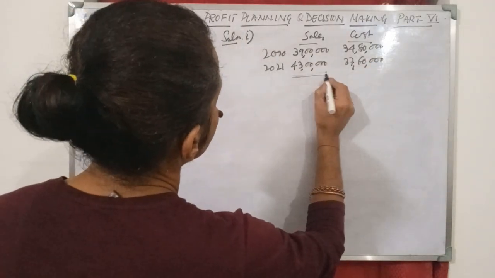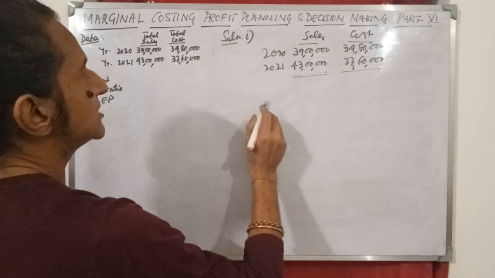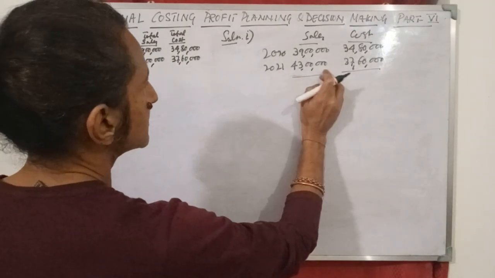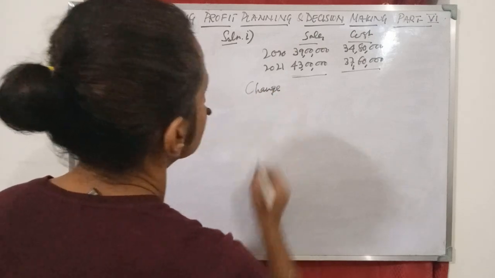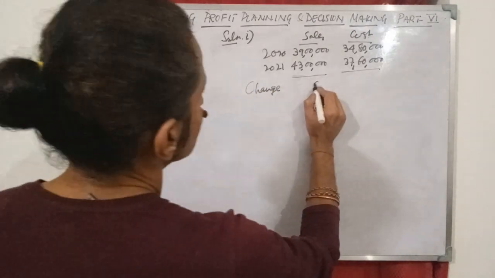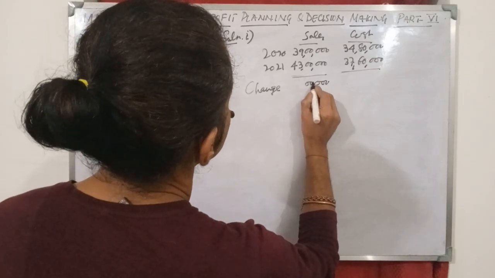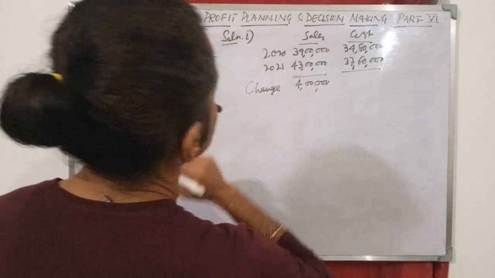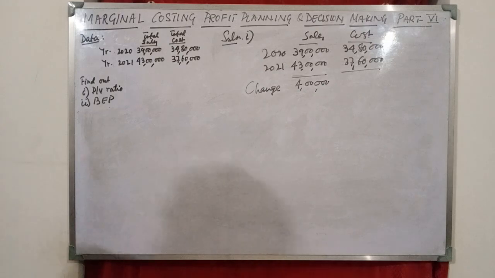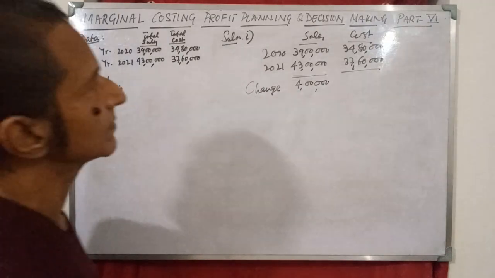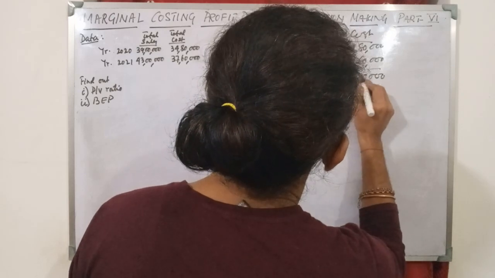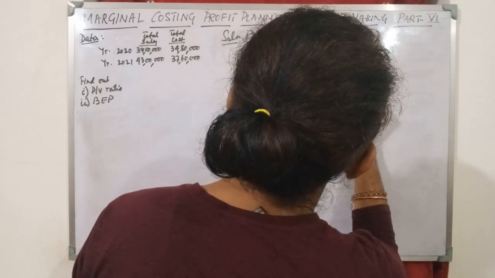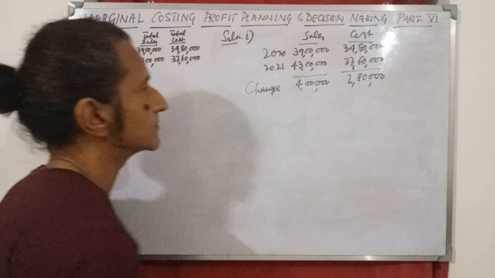So we first compute the change that has taken place in between the years. How much is the change? Sales has increased by 4 lakhs and total cost has increased by 280,000.